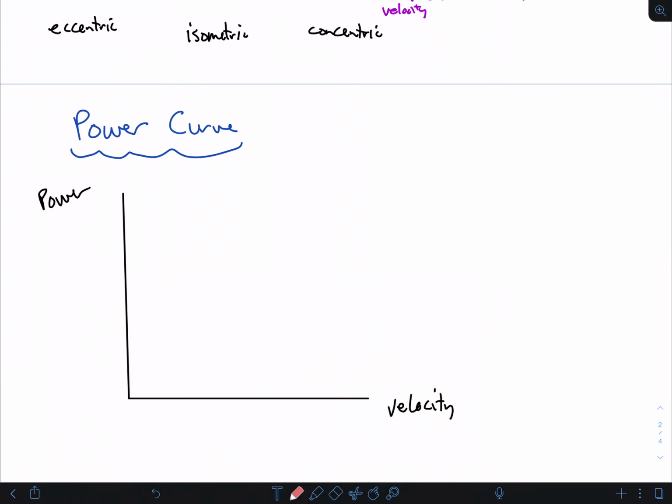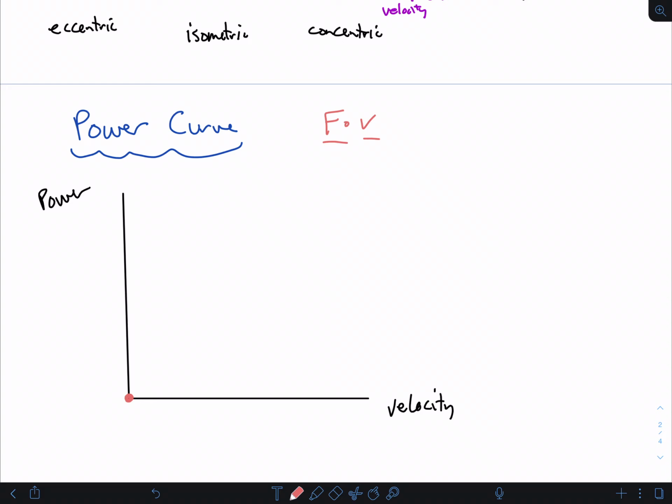This one. So how much power are you generating when you're applying a ton of force? Power is force dotted with velocity. So you have a ton of force, but you have zero velocity. This is zero velocity. How much power can you generate? Well, none, because you have no velocity.